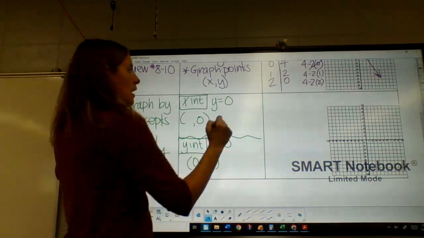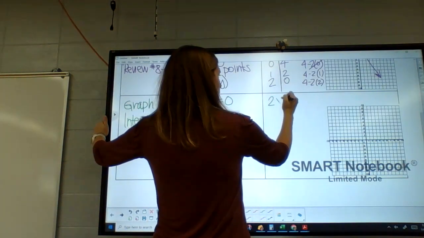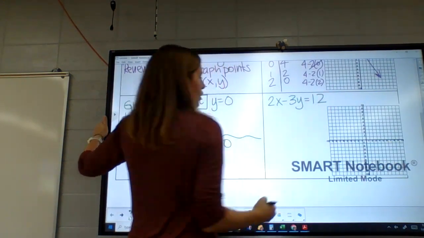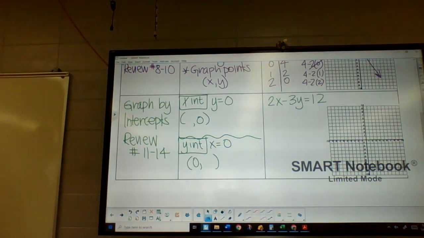So if I have 2x minus 3y equals 12 as my equation, we're going to find our x and y intercepts there.